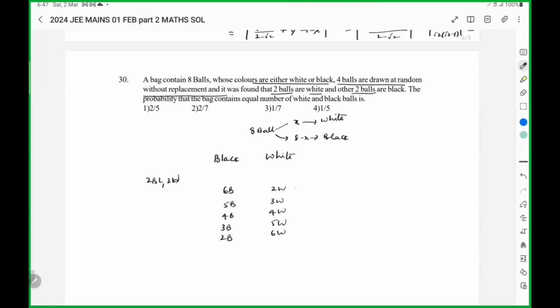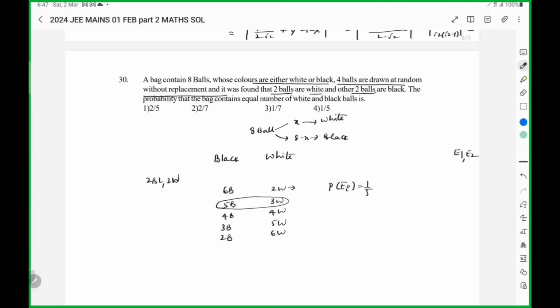So probability of getting any possibility out of five, let us say, bag contains six black and two white is event represented by E1. Bag contains five black, three white is represented by E2, like that.